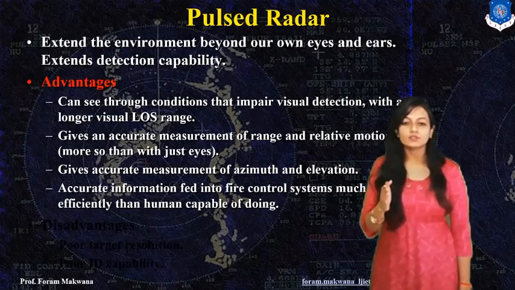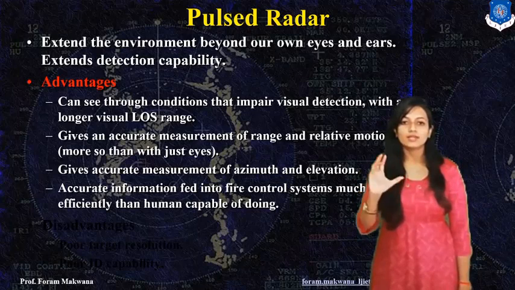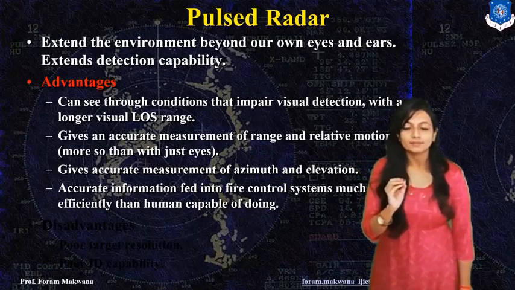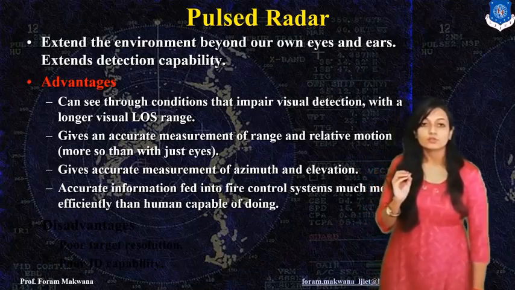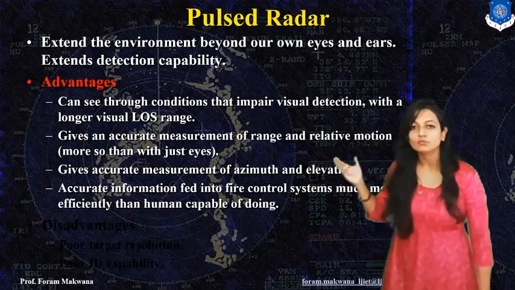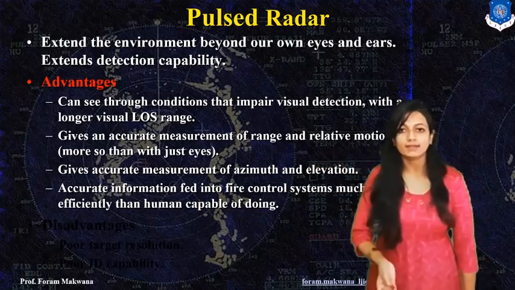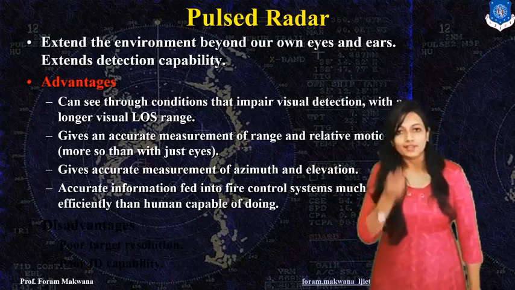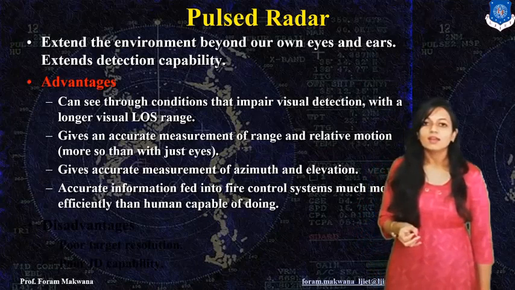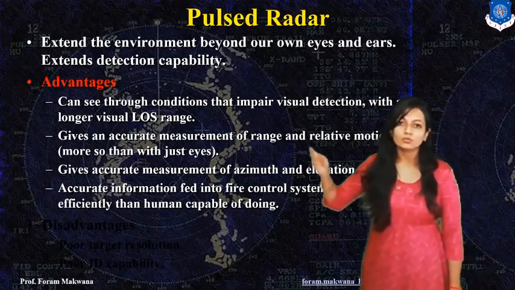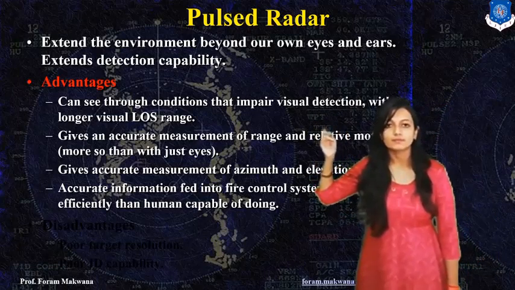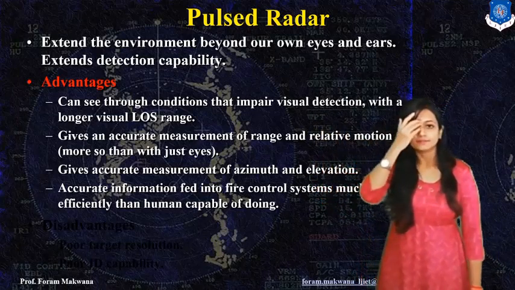As the radar is going to scan horizontally as well as vertically to detect the target, right? So we are able to calculate the azimuth and elevation angle of the target, range and relative motion of the target, and also we can see through impaired visual conditions, and we are able to detect the target based on that.